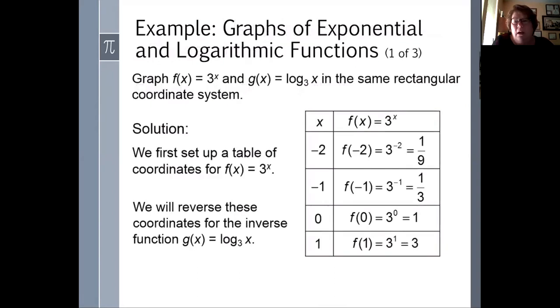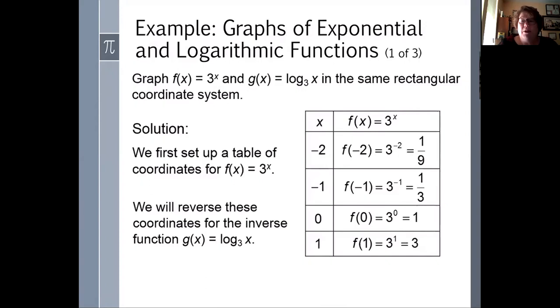All right, let's talk about graphing the logarithmic function. So let's recall from the previous section, we did graph the exponential function 3 to the x. So we set up a table and we picked 4 values for x, and we evaluated our function, and we got 4 ordered pairs that we plotted on the coordinate plane.